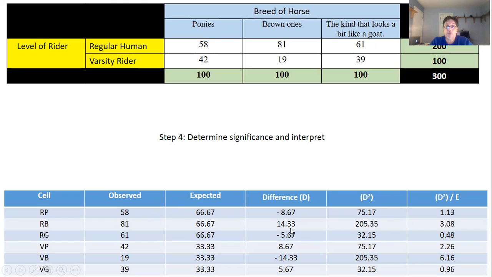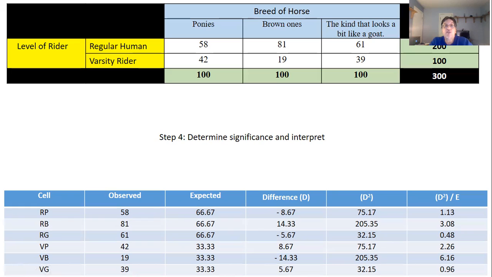Second one, I'll just run through one more. The observed value for a regular person on brown ponies or brown horses, we expected 81, we got 66.67. 81 minus 66.67, 14.33. Square that value to get the d squared column, 205.35.